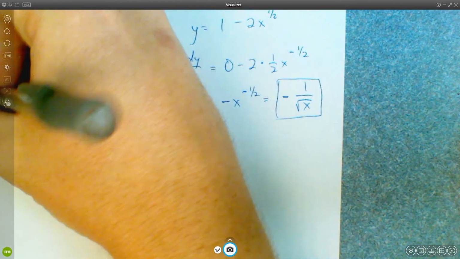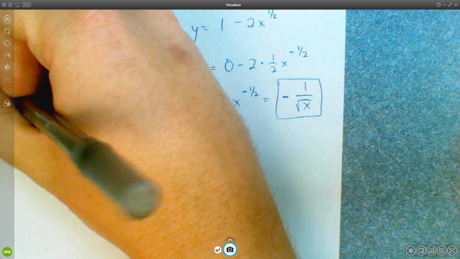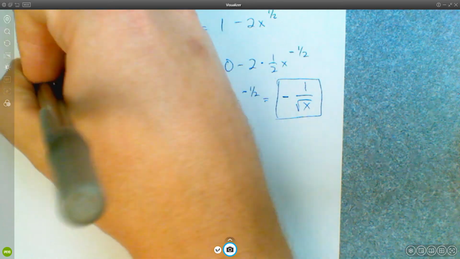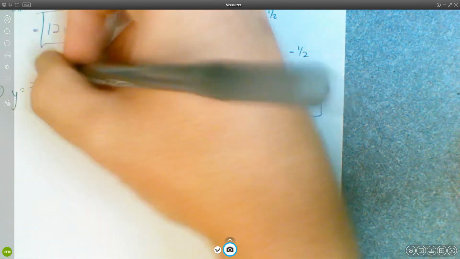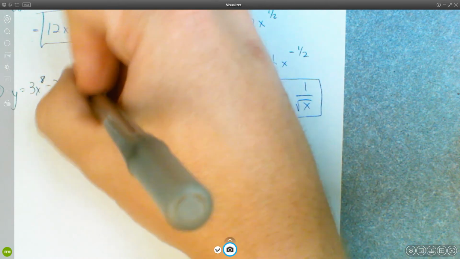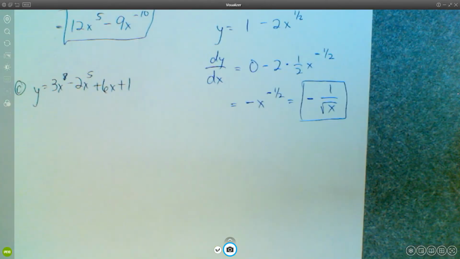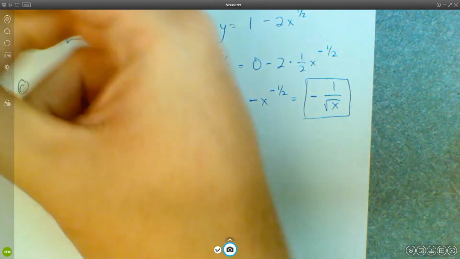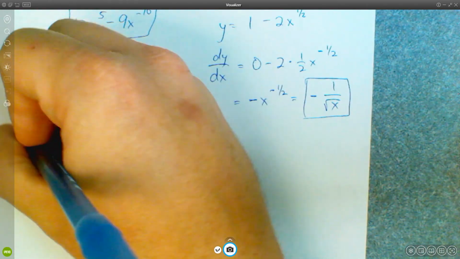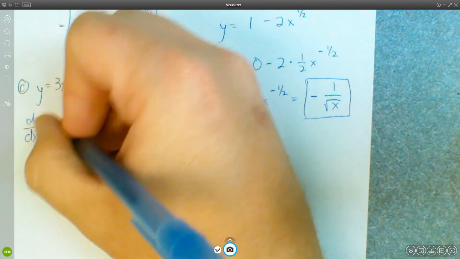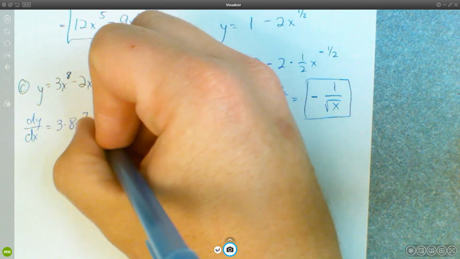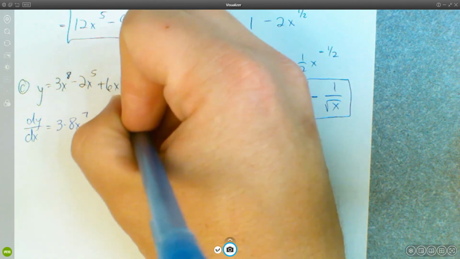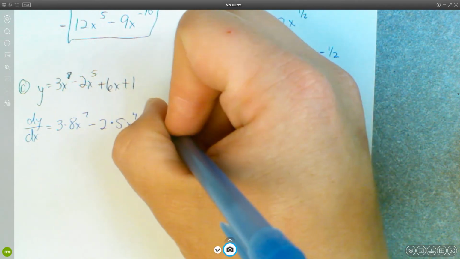Okay? One more. Let's say we've got y equals 3x to the 8th minus 2x to the 5th plus 6x plus 1. Then dy dx is going to be 3 times 8x to the 7th minus 2 times 5x to the 4th plus 6 plus 0.